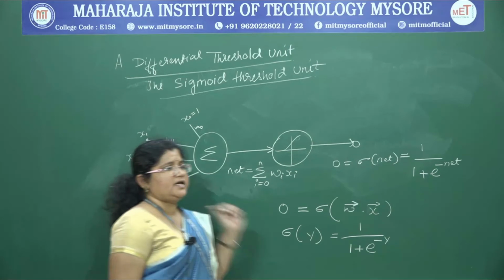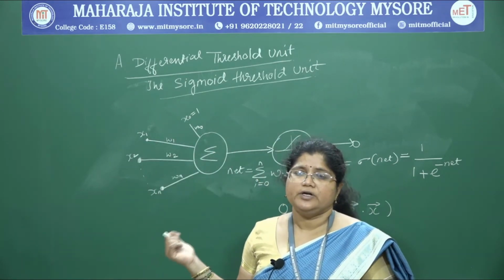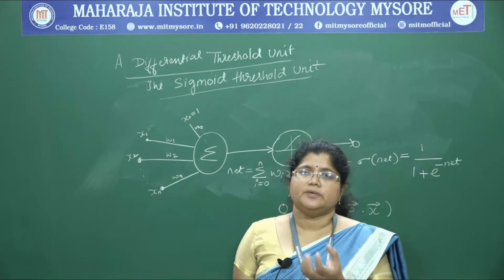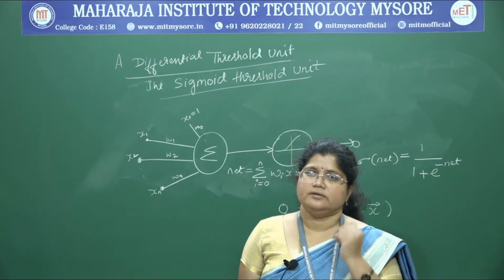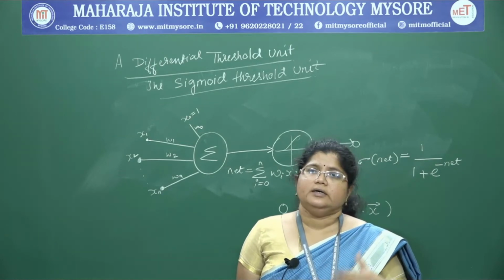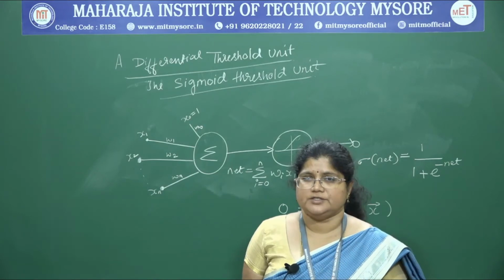Now let us look at this diagram. This diagram is representing a sigmoid unit. As you have seen, the perceptron is a single unit which receives the inputs and provides the summation of inputs along with the weights.